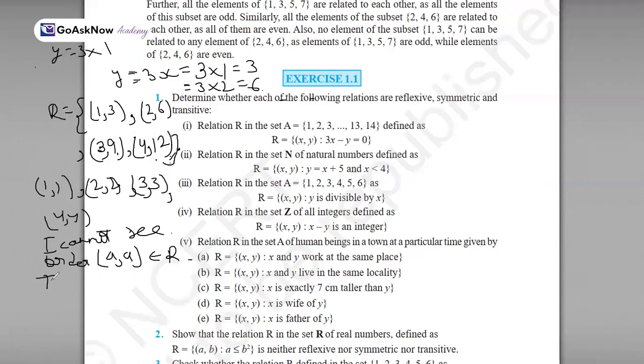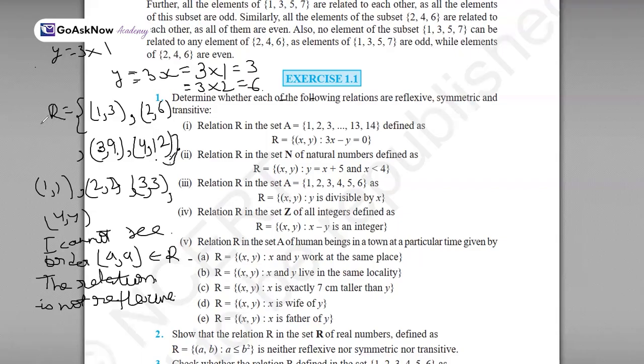So the relation is not reflexive. I have already told you what the reflexive relation is and its condition; you can see the previous lecture if you haven't seen it before.